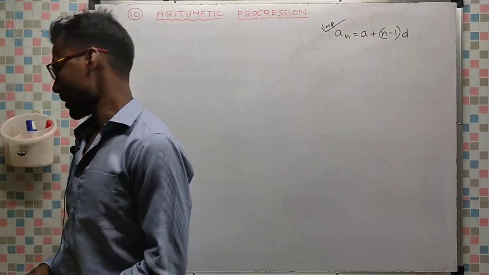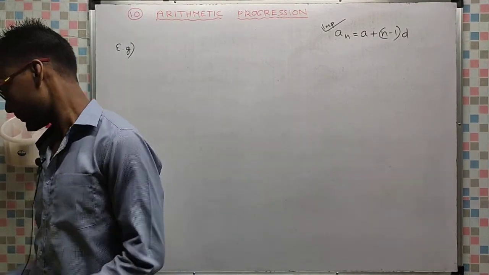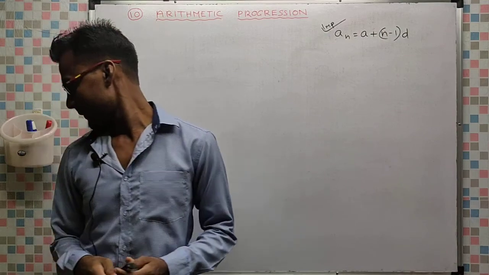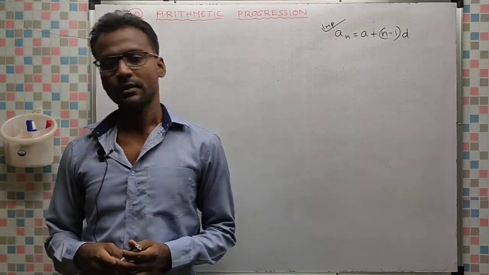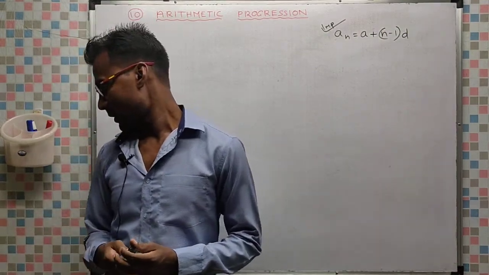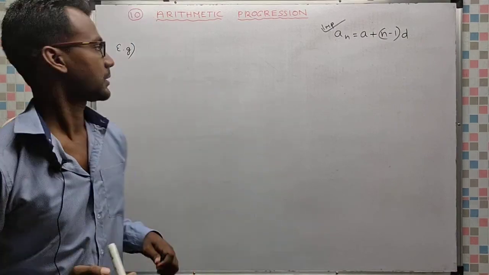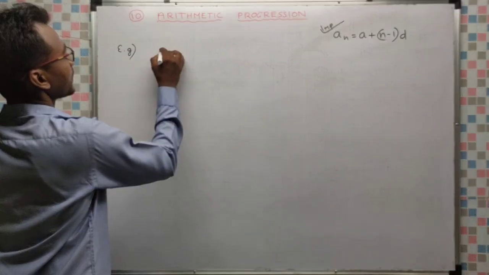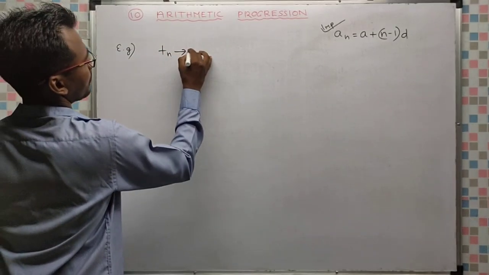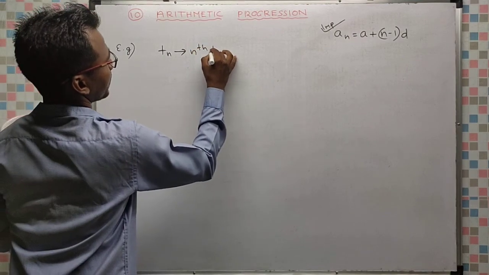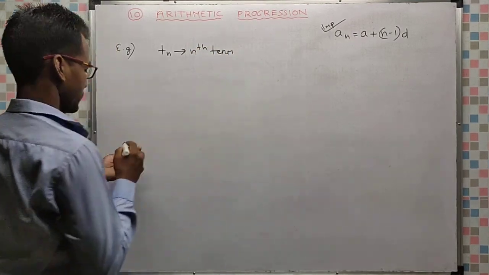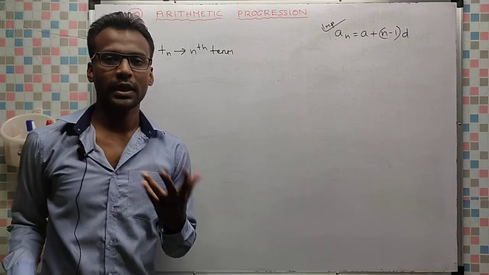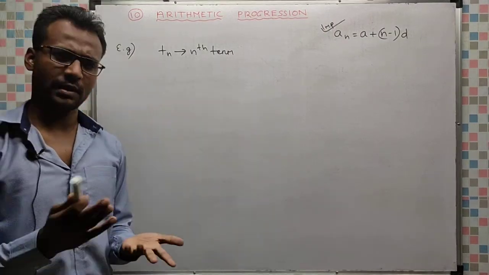Let us move to another example. If Tn represents the nth term, I took An, here it is given Tn, same thing only.